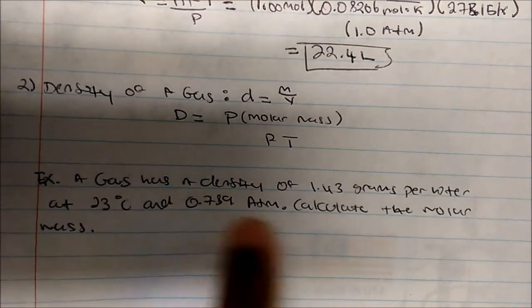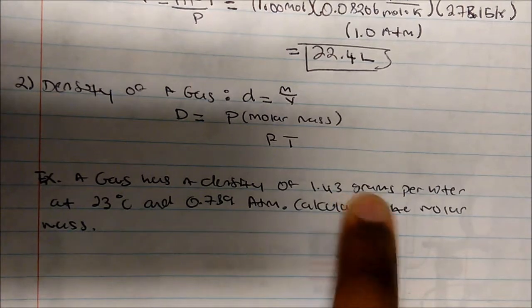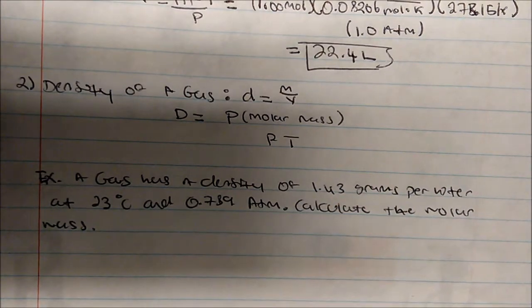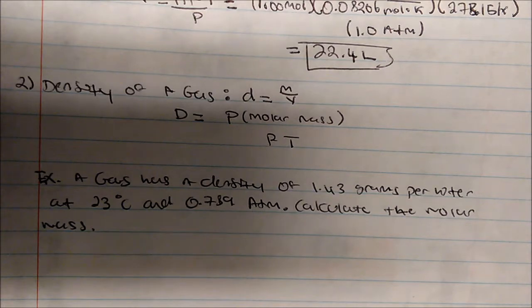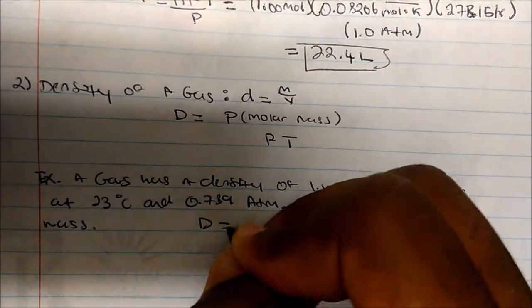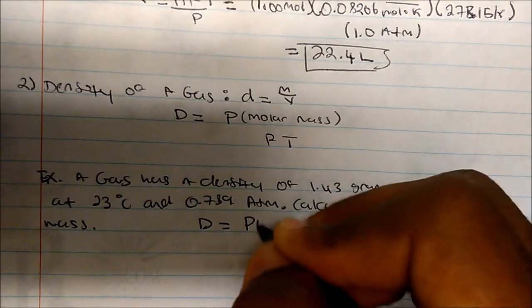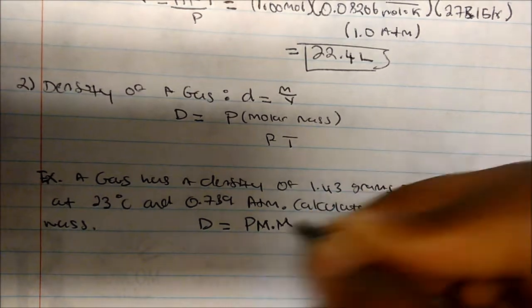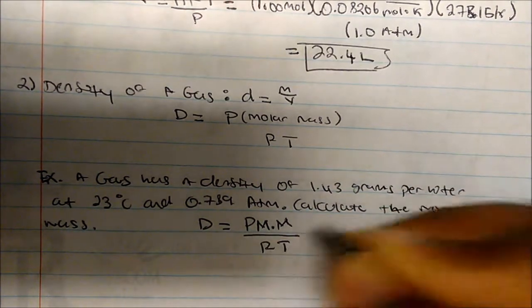It says a gas has a density of 1.43 grams per liter at 23 degrees Celsius and 0.789 atm. Calculate the molar mass. So we know that D, the density, is equal to pressure times the molar mass, divided by RT.